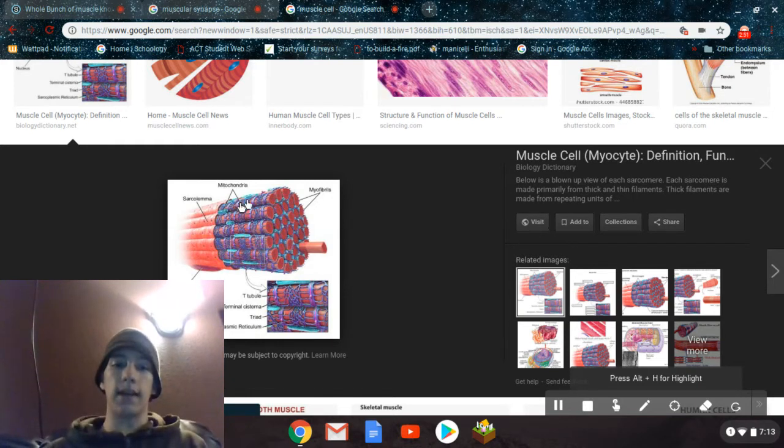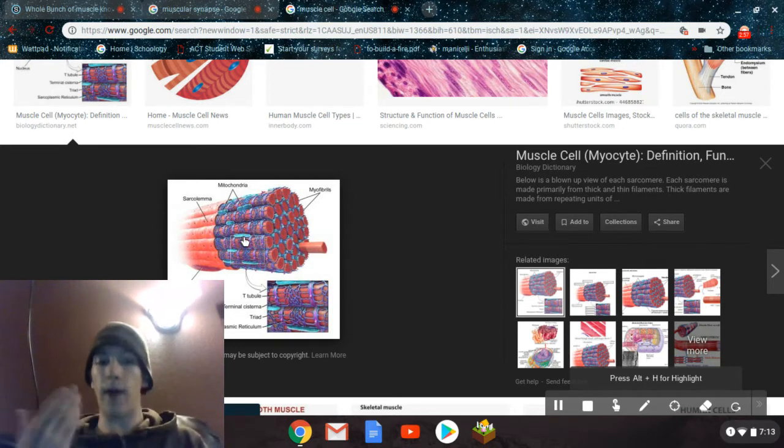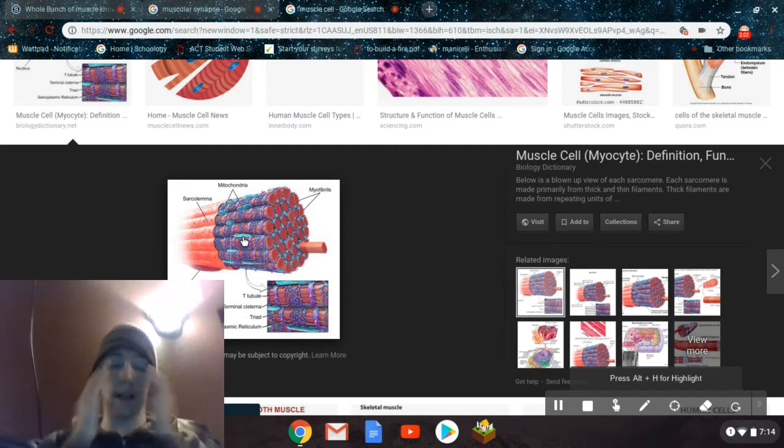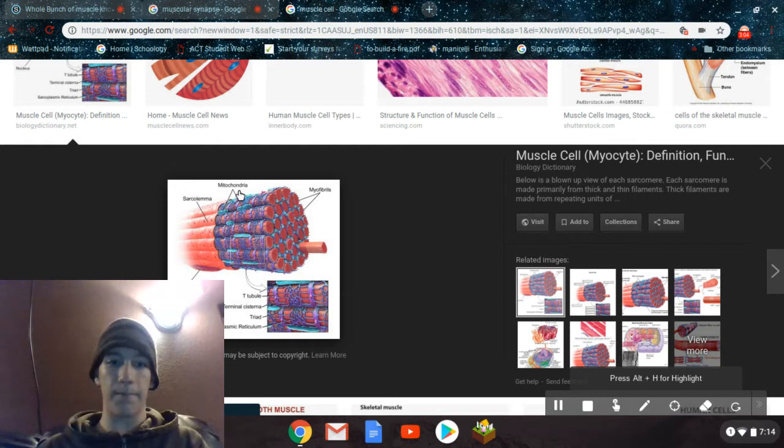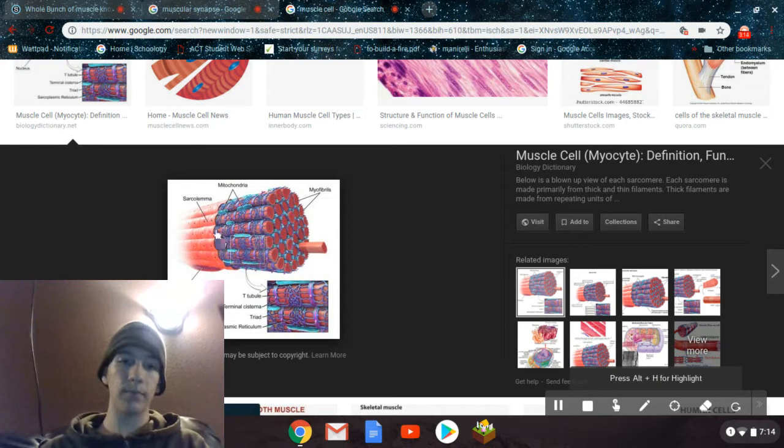You'll notice that there are these little things called, well, you know what a mitochondria is. The powerhouse of the cell. You'll notice in a muscle cell there are a lot of mitochondria, like all along each myofibril and all around each one.